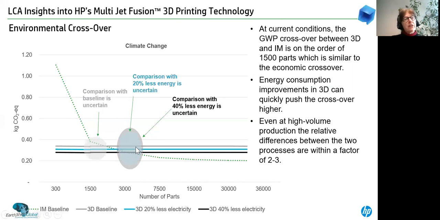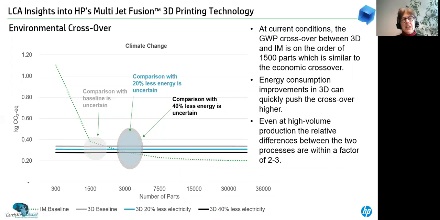Then in this bluish circle, we have an area where it's the injection molding versus 20% less electricity use with the 3D printing, where that's uncertain. That's at 3,000 parts. That 3,000 parts is also uncertain when we use 40% electricity.